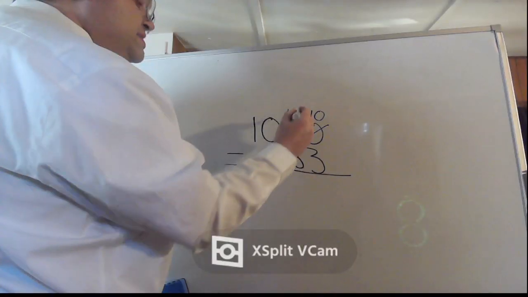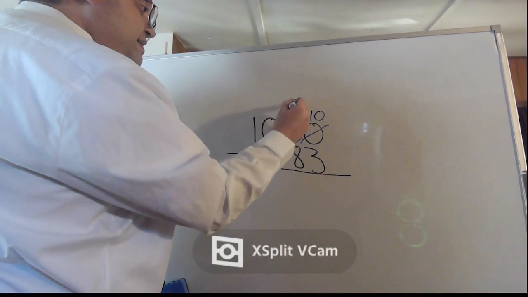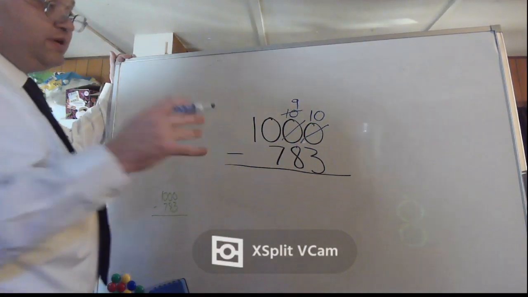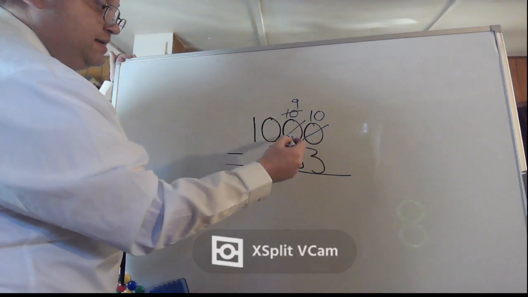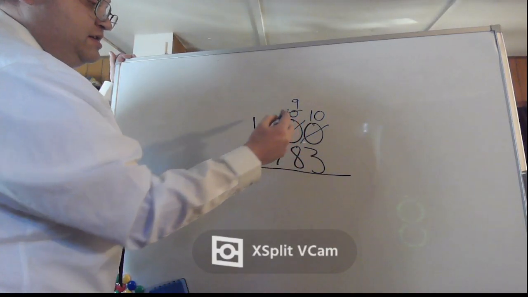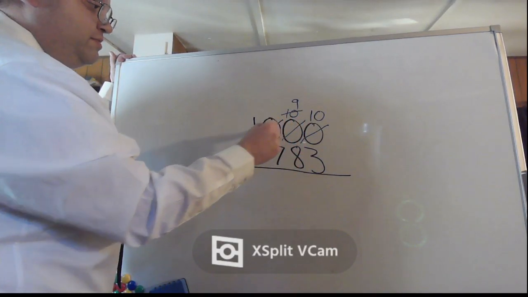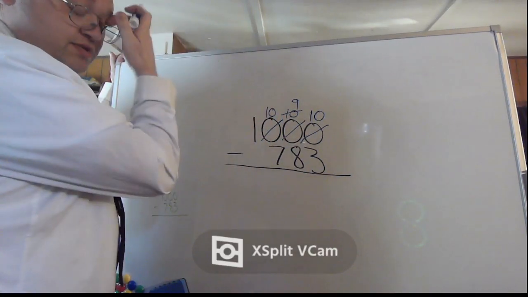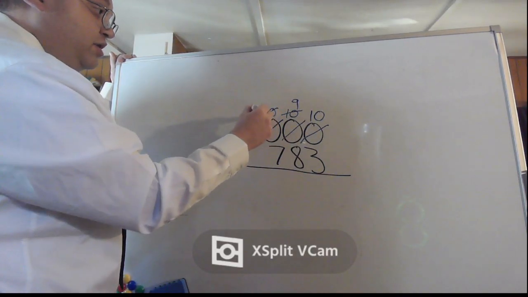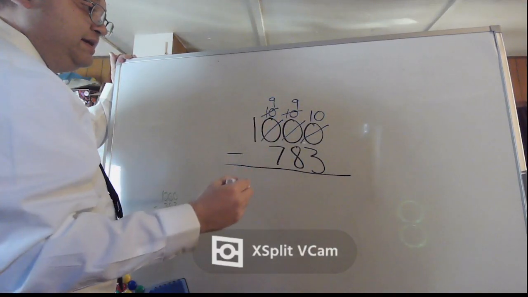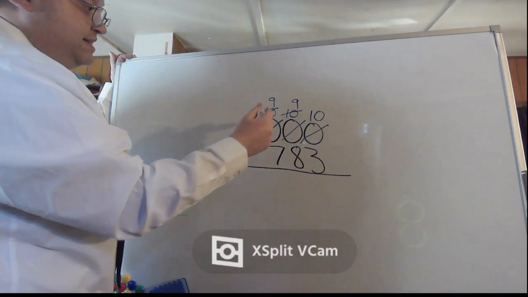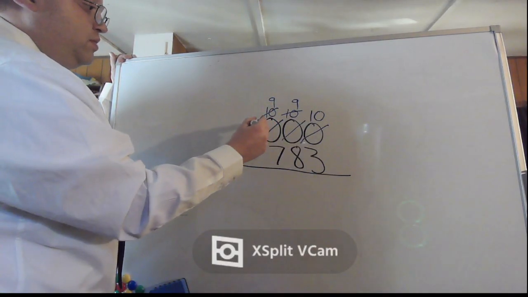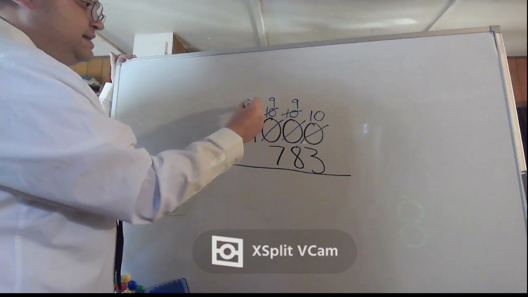You can borrow from 10, which would make that 9. But then I run into the problem of if I'm going to make this 0 a 10 to begin with, I'm going to have to borrow 1 from this 0. Well, I'd have to make that a 10 because you can't do 0 minus 7. You make that a 10, you borrow 1 from that. That's a 9. Now, in order to have made this a 10 in the first place, I have to borrow 1 from here, from the 1. That's 0.